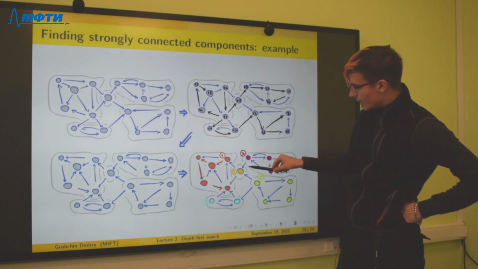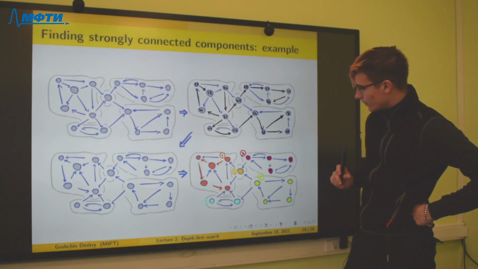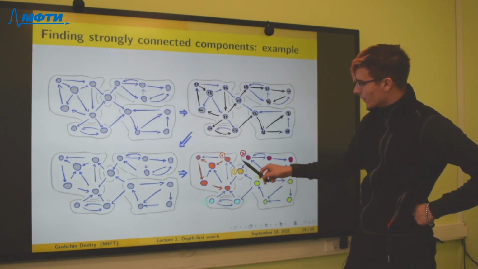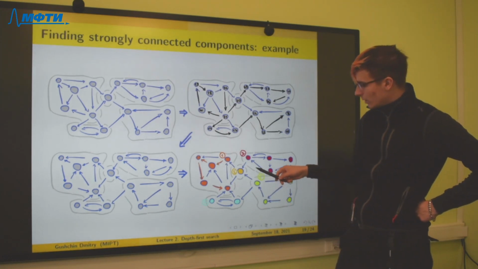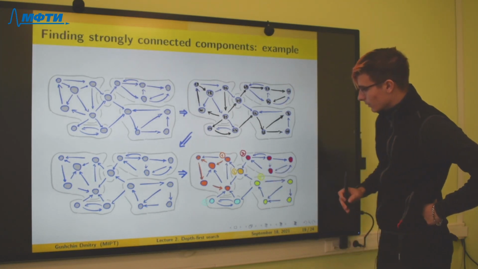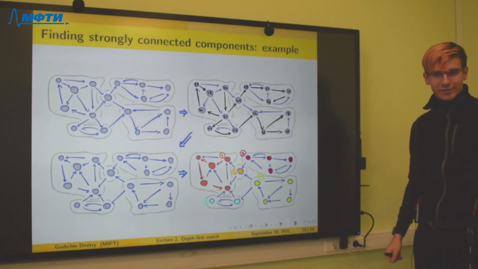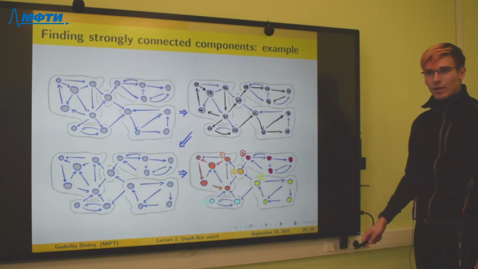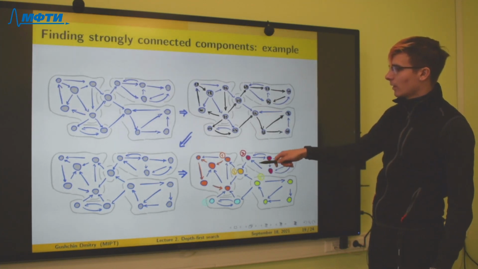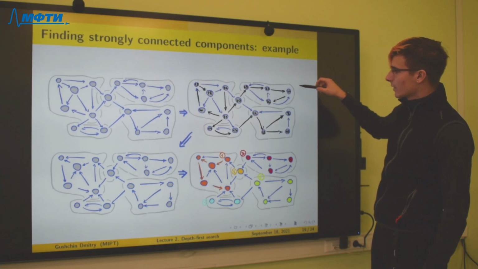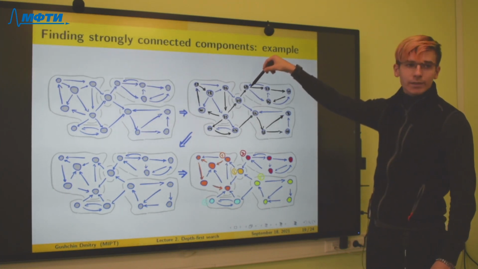So we say that this yellow vertex has no adjacent vertices in the reversed graph. So it makes a small strongly connected component. Okay, and when we finish, we repeat our DFS visit for the next biggest number, for example, 29.